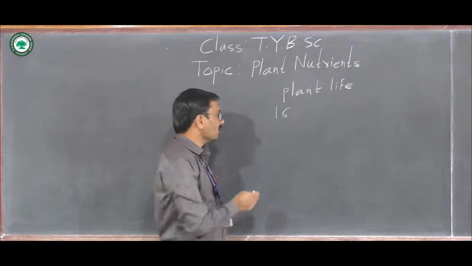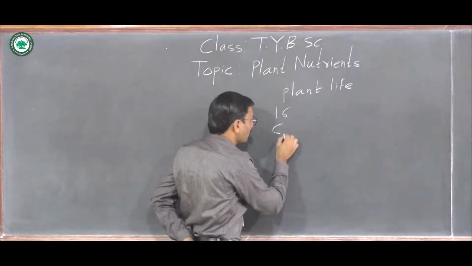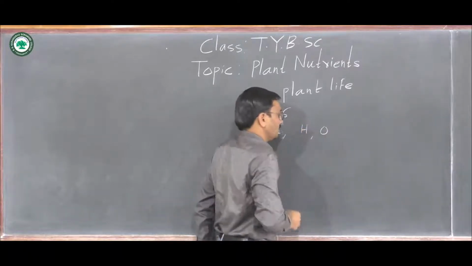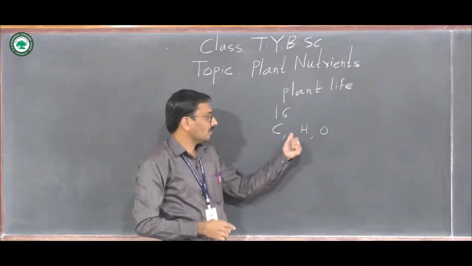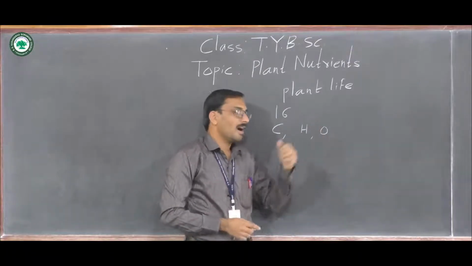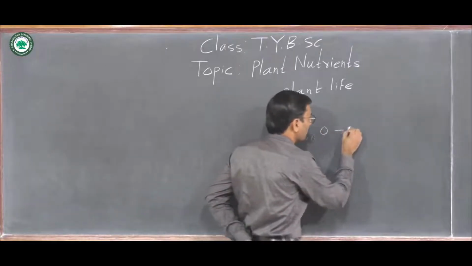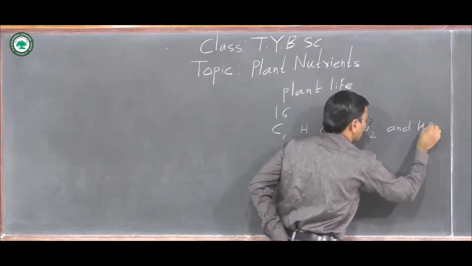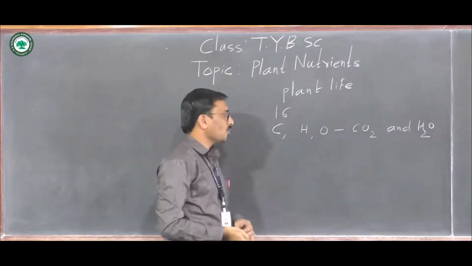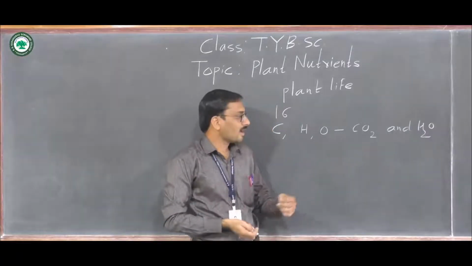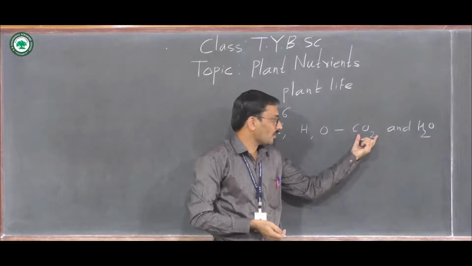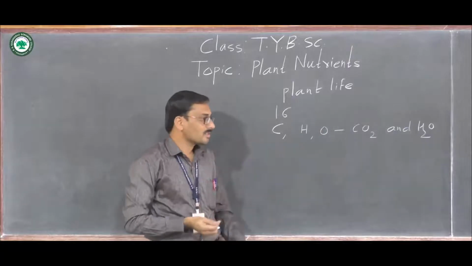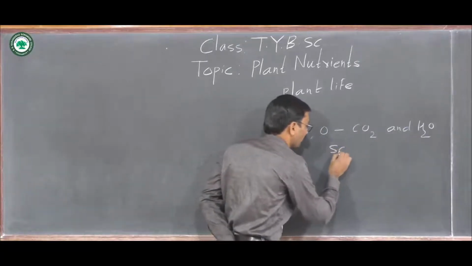Out of those 16 nutrients, 3 nutrients, carbon, hydrogen and oxygen, are taken from atmospheric carbon dioxide and water, and the remaining 13 nutrients are taken from the soil.